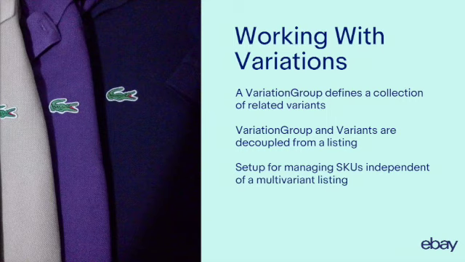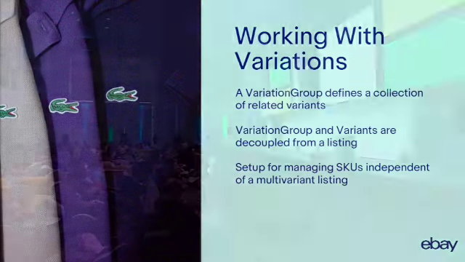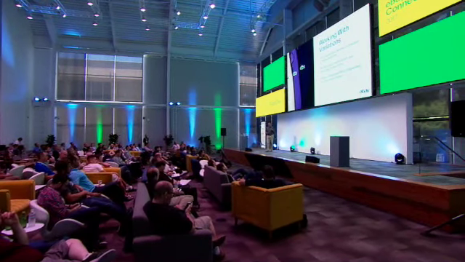Currently, with the Trading API, you build this large listing for the variation group. There's like a sub-listing, which has information about each of the variants. We have decoupled a listing from the variants. So you manage variants as if they are single SKU. This is a much simpler way of dealing with multi-variations than the current model.